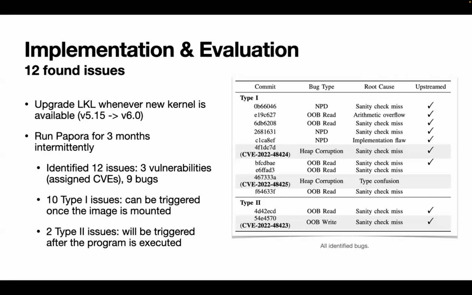The root causes of these bugs are also interesting. Most of them are due to the lack of sanity checks. For example, a crafted offset could simply lead to an out-of-bound read if it is not bounded by the size of the allocated memory.